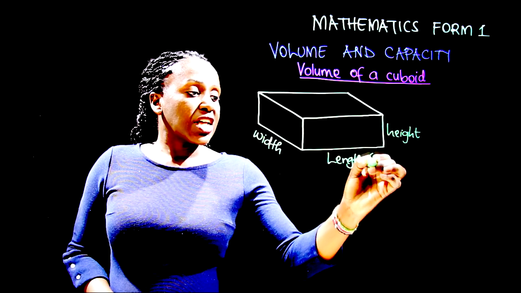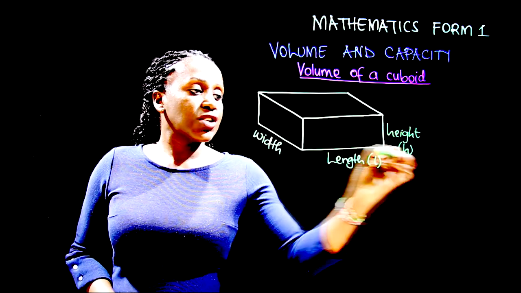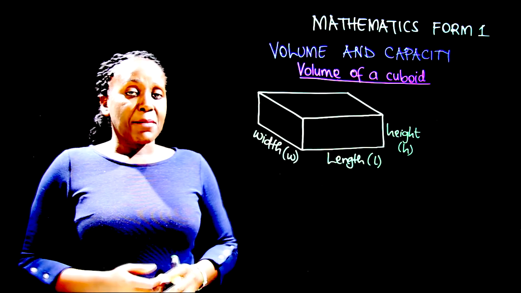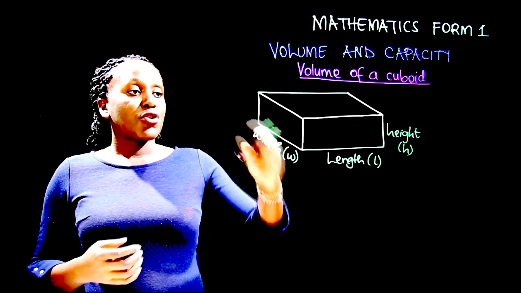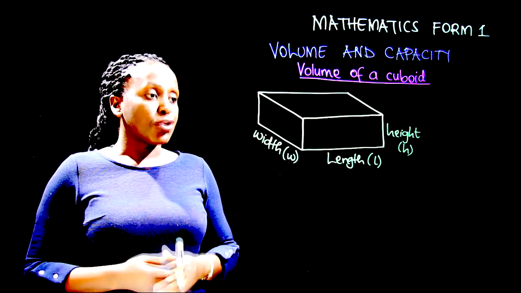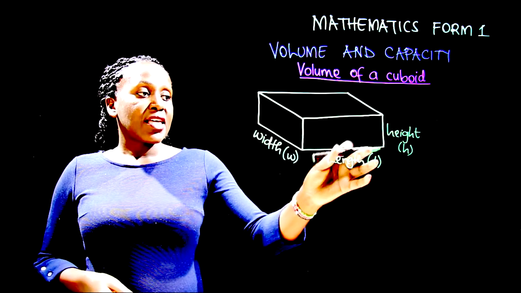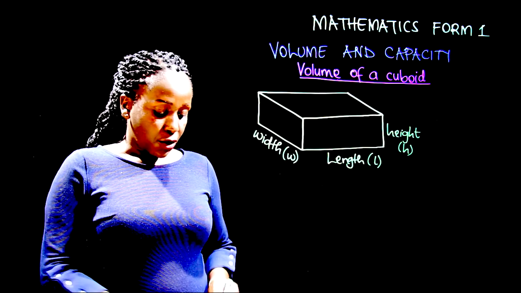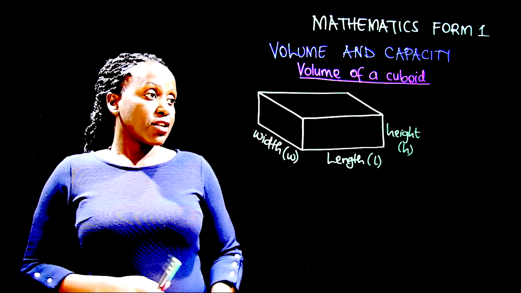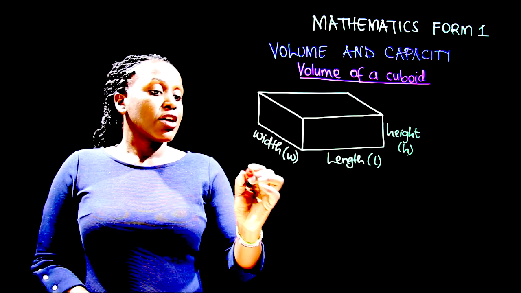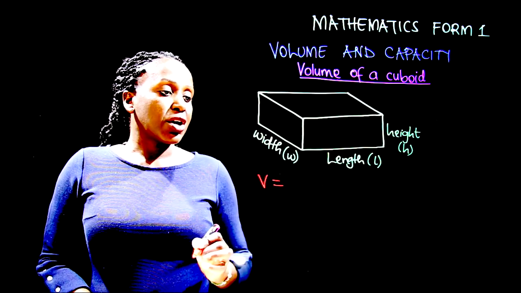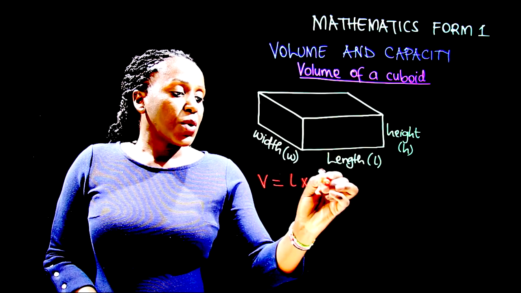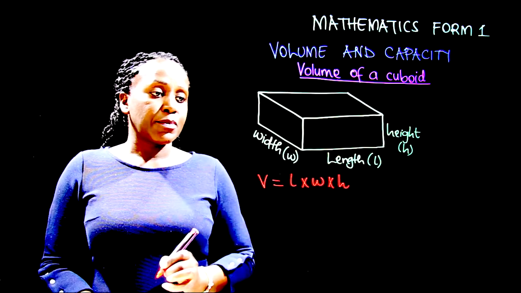So this is denoted as L, this is H, and this is W. If you want to determine the amount of space occupied by this cuboid, you multiply the length by the width by the height. So the formula for calculating the volume of a cuboid is equal to length times width times height.